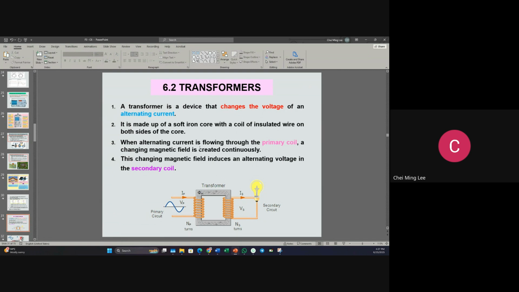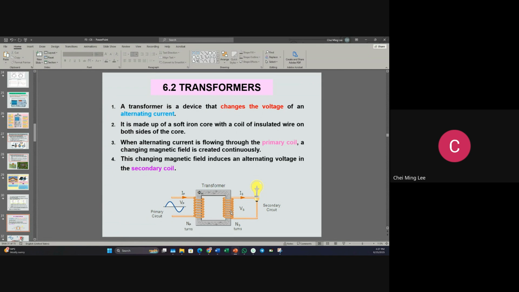When the alternating current flows through the primary coil, the coil will become magnetized, so a changing magnetic field is created continuously. Because it is alternating current, the direction of the electromagnetic field lines keeps moving around.